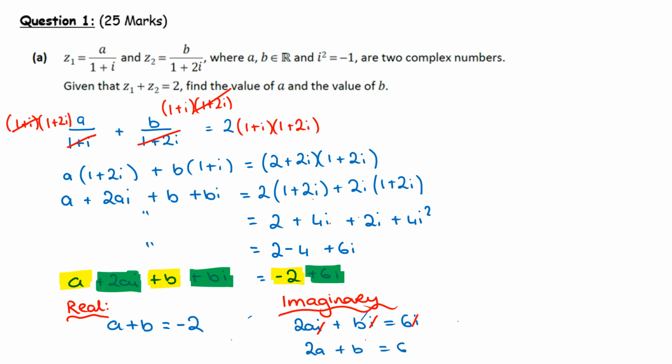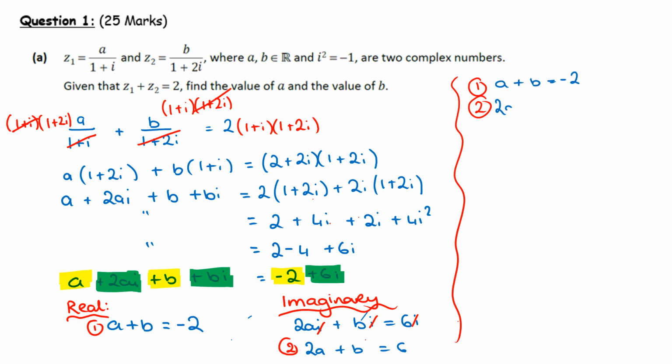So what we have now are two equations, simultaneous equations, and we're going to figure out what the value of A and B is. A plus B equals minus 2, and 2A plus B equals 6. I'm going to change the signs of the top equation, so that's plus.